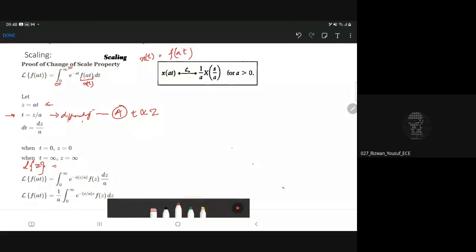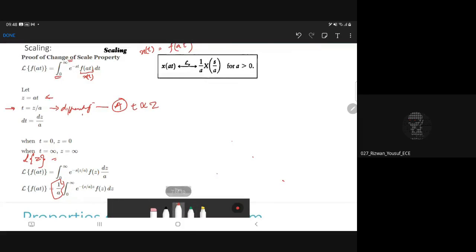Now 1 by a comes out, so that will be here, and you are left with e to the power minus (s by a) z, f of z dz. Now look at this expression. It is the general expression of the Laplace transform.